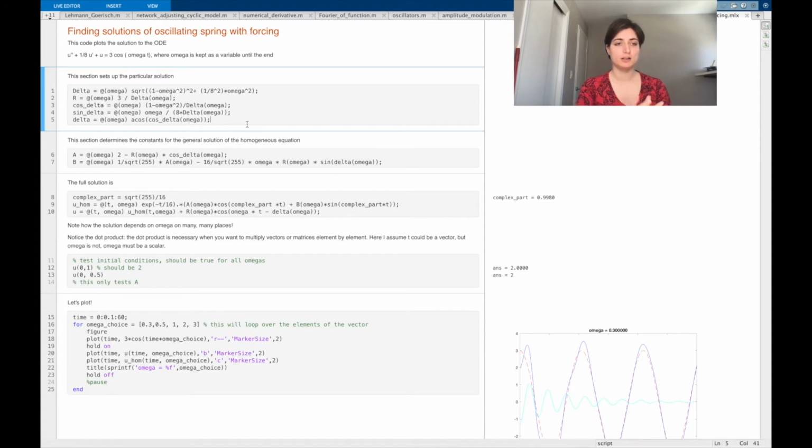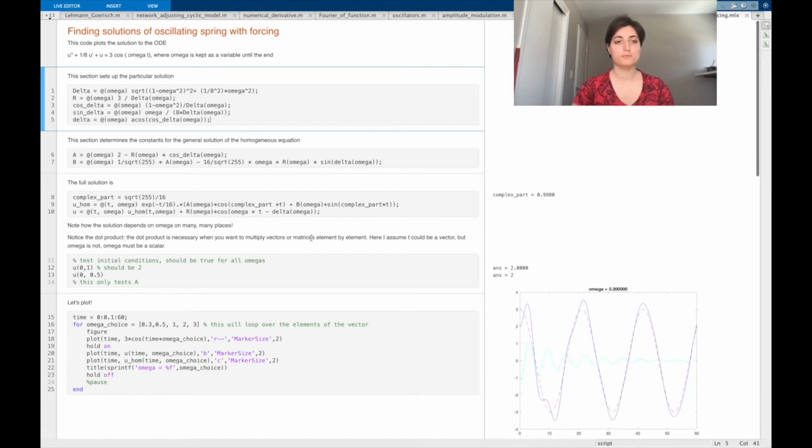And we can compute the homogeneous solution and the full solution. We check that the initial conditions are true for all the omegas that we have. So for example, I test u at time 0 with omega equal to 1 and with omega equal to 0.5. If it's not 2, then it's a problem.